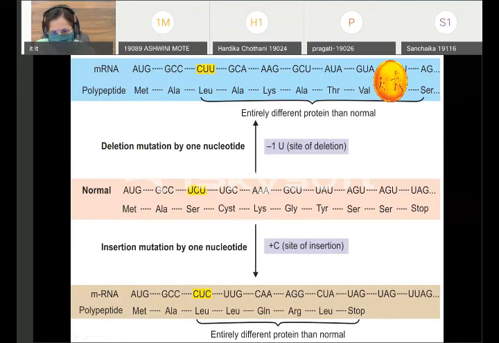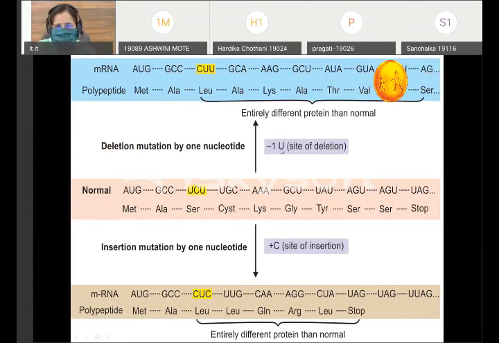The next codon, UGC, its first base will be shifted to this one. In the upper part, you can see that UCU, after deletion of U, will be read as CUU, because the U of the next codon is shifted to the previous codon, and the whole frame of reading is changed. This is a normal genetic code.